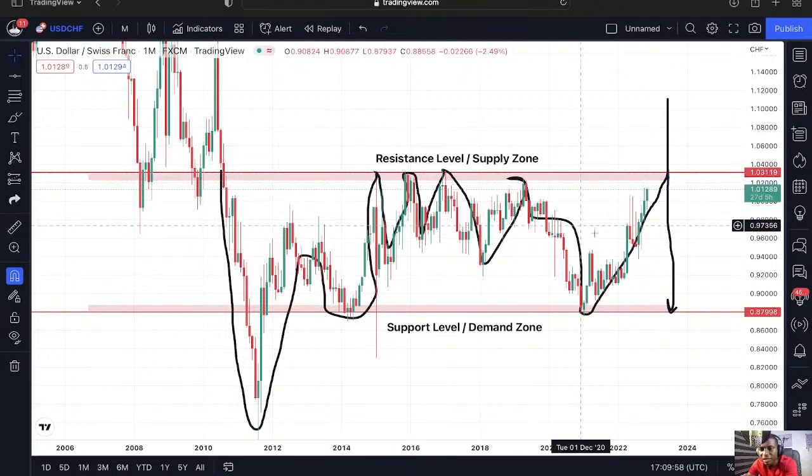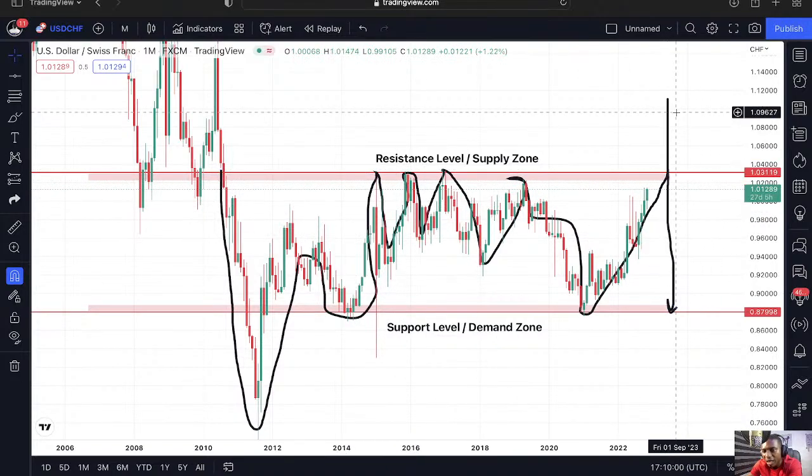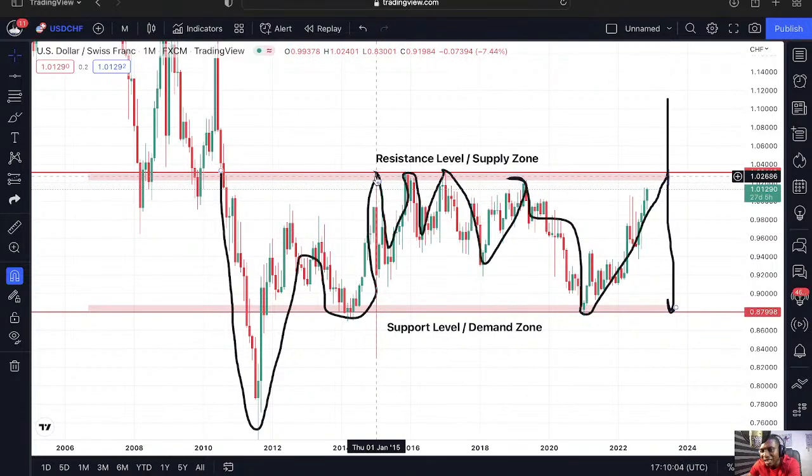One of the reasons why I said price might break out of this level is the fact that price has tested this level multiple times, showing that this level becomes weaker after every previous test. So price comes and tests this level, is still strong, comes and tests again, is still strong, but it has now become weaker than the previous one.